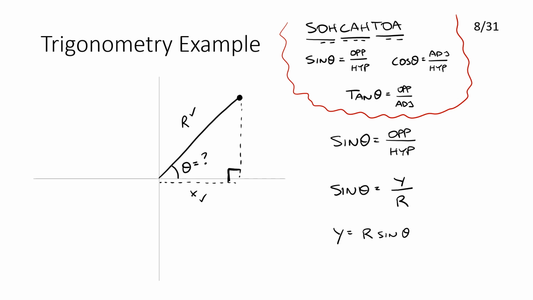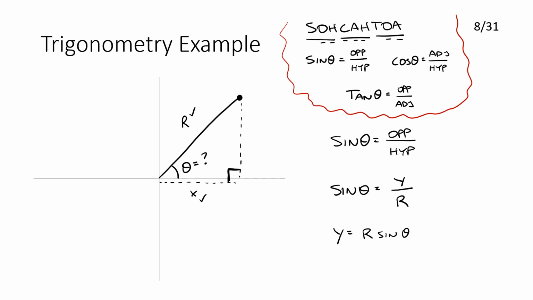Which of these equations has the adjacent and the hypotenuse in it? The only thing that we don't know would be theta. So that means we could use this cosine equation to solve for theta.